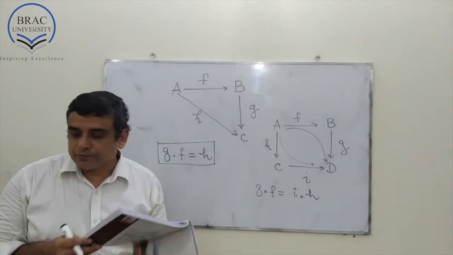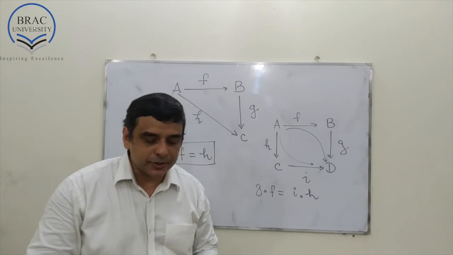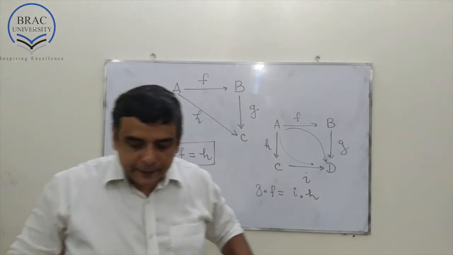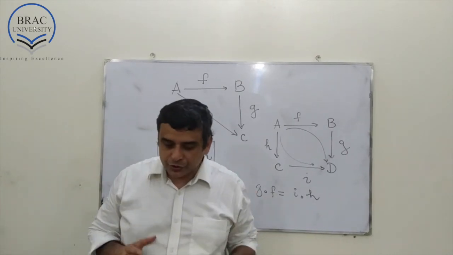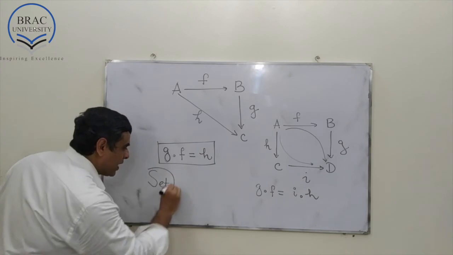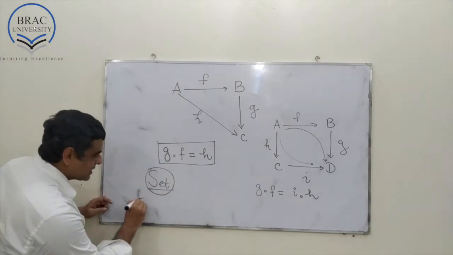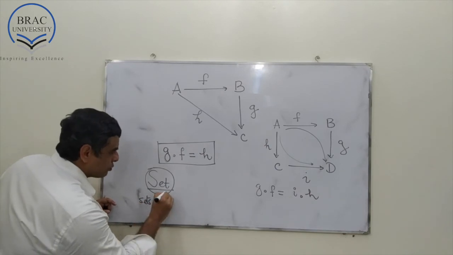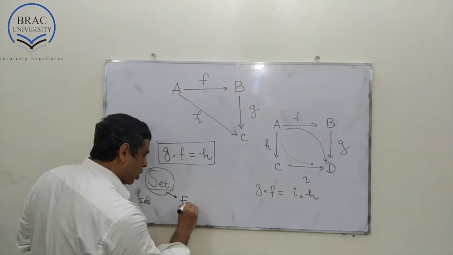So in this lecture, what did we do? We discussed the main features of the category Set, where the objects of this category are sets, and the morphisms of this category are functions between these object sets.